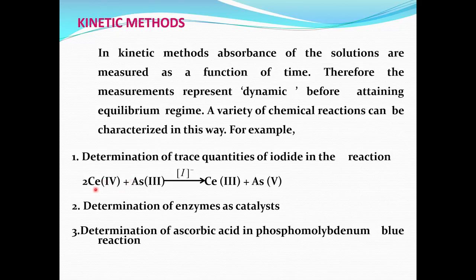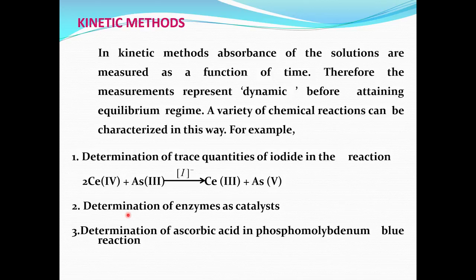Now, the cerium 4 is slightly yellow colored, arsenic is not colored, cerium 3 is not colored, and iodide ion is not colored. So, by following the change in the absorbance of cerium 4, you can determine the kinetics of the chemical reaction.